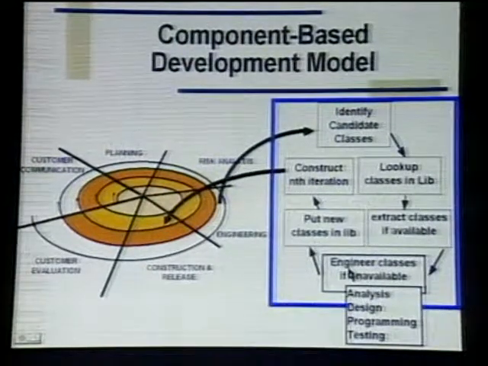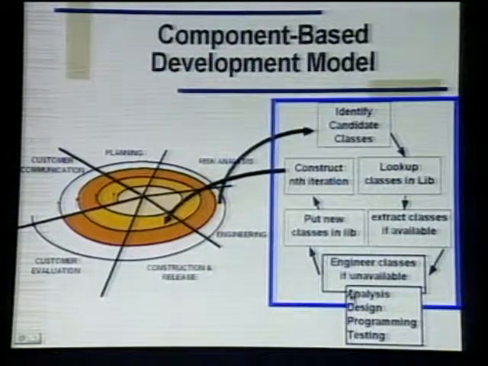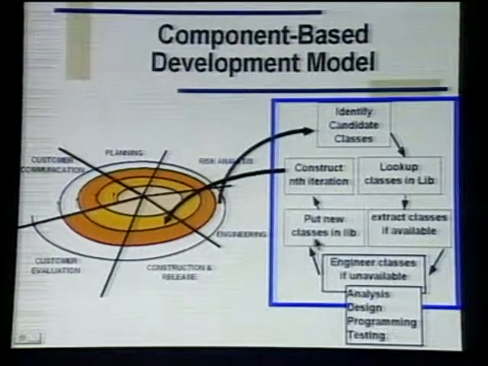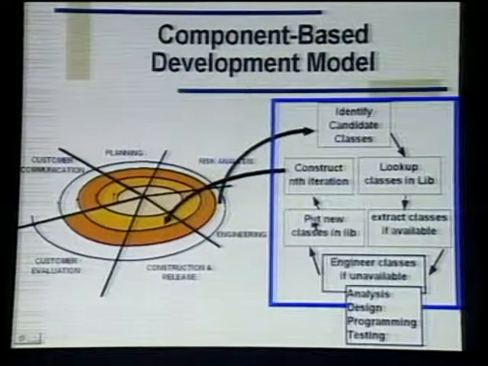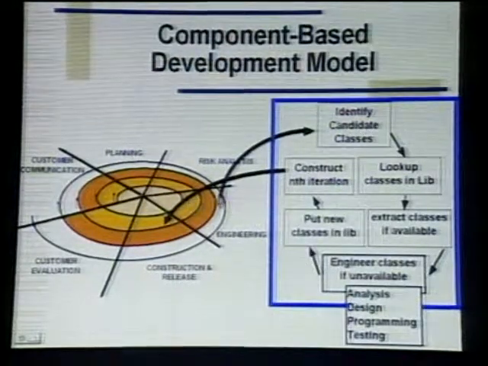If the classes we need are not available, then they are engineered using a waterfall model approach or any other approach. Then the new developed classes are put into the library, and we continue with the next iteration of the model. This model is very useful if you are using the object-oriented technology, which advocates for the reuse.